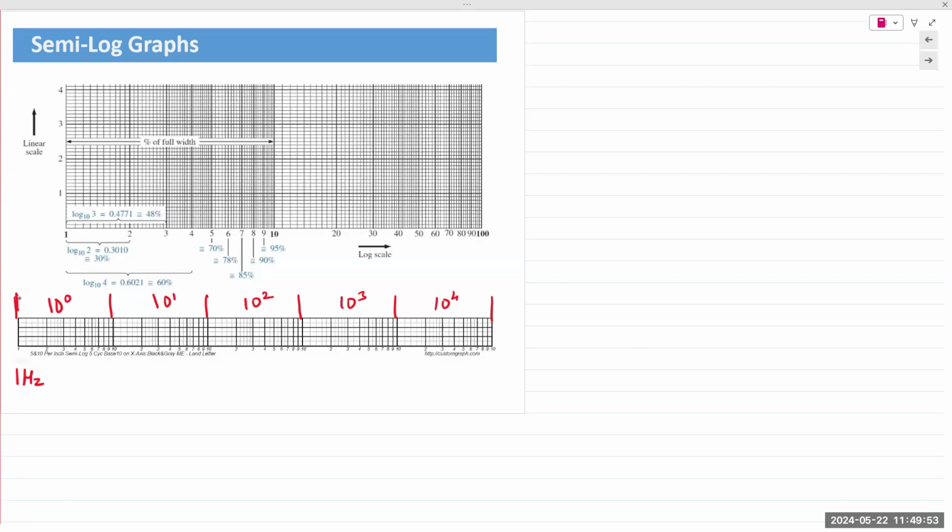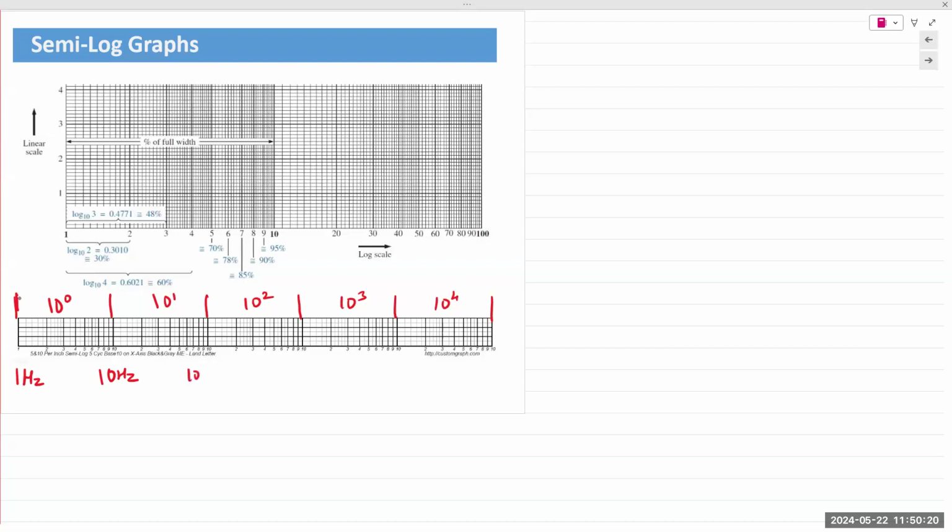After 9, it changes into a new multiplier. So 10 raised to 1. It again begins at 1, but this time it's 1 times 10 raised to 1, which gives me 10 hertz. Then it's 2 times 10 raised to 1, 3 times 10 raised to 1. So 10, 20, 30, 40, 50, 60, 70, 80, 90. After 90, again, a new multiplier, 10 raised to 2.